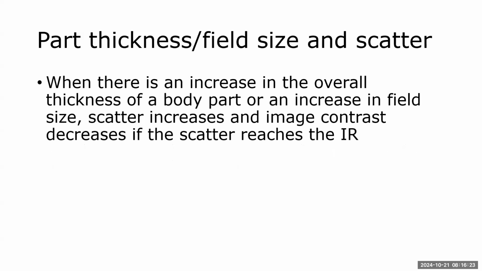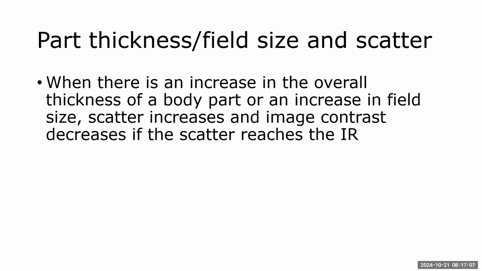Okay, now talk about part thickness and field size and scatter. When there's an increase in the overall thickness of a body part or an increase in field size, scatter increases and image contrast decreases if that scatter reaches the IR. So think back to the activity that we did in lab, and we said if there's more matter, there's going to be more what? Scatter. Okay, so we can get more matter by having a thicker patient, by having a larger field size, and by having a denser patient, or part.